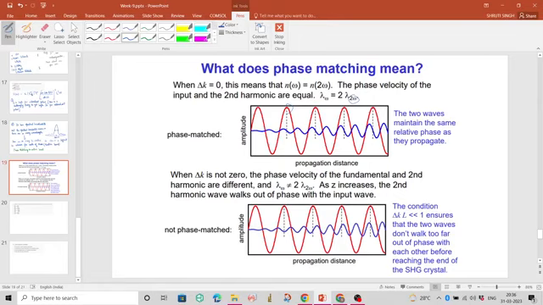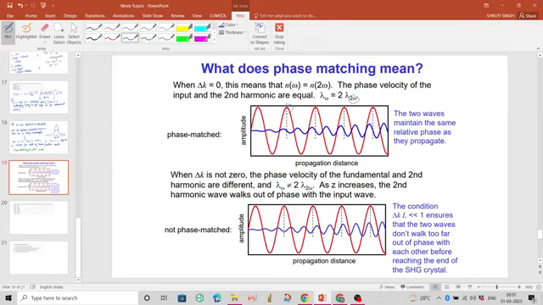But when the phases are not matched, and when the delta k is not 0, that is the phase of this minus the phase of this, the difference in the phases is not 0, then the physical situation is like this. So you see the maximum of this is matching with the minima of this.